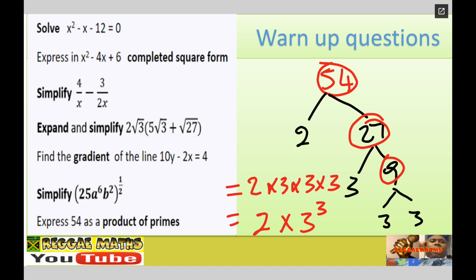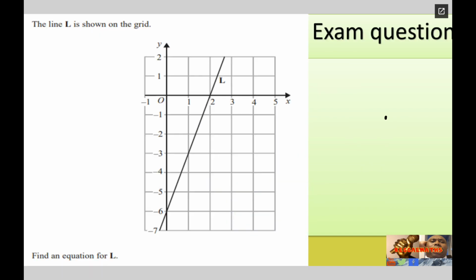So that's the warm-up question. Now let's go through and start looking at the exam questions. Again, the first exam question here says find the equation of the line.